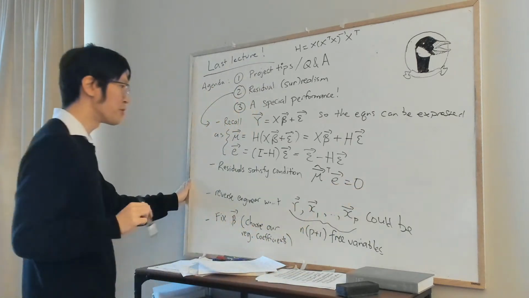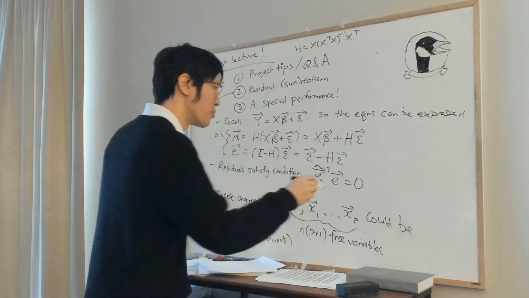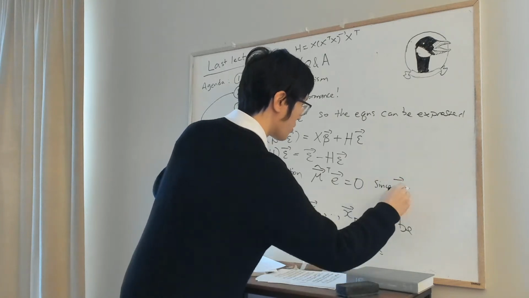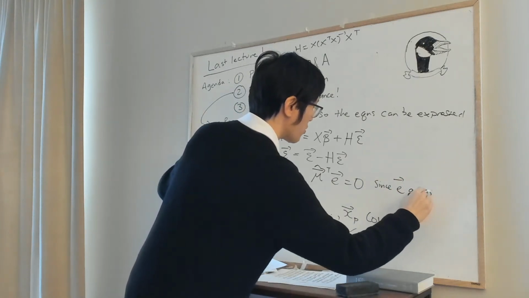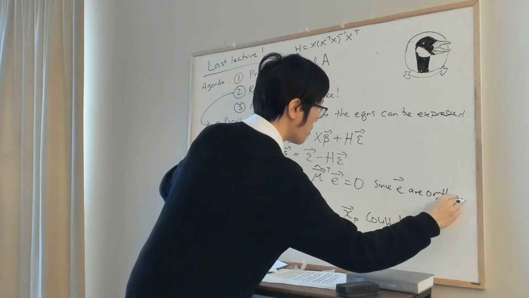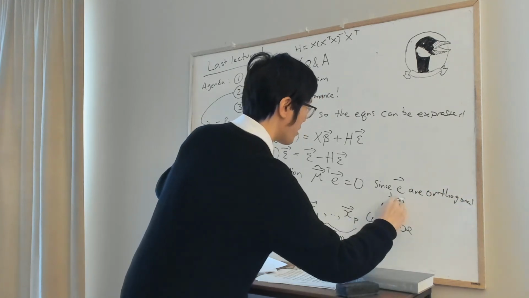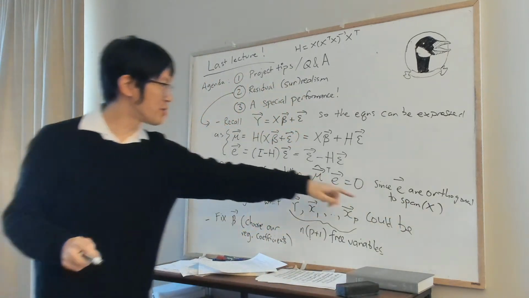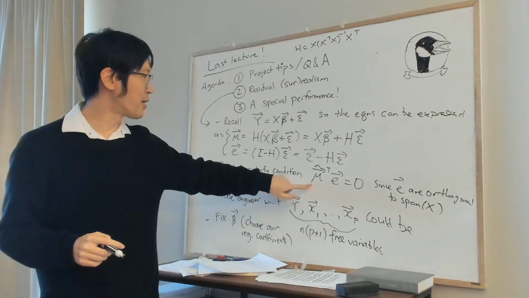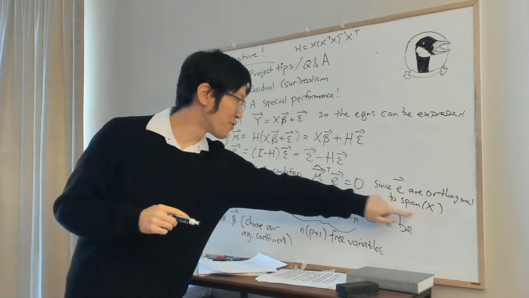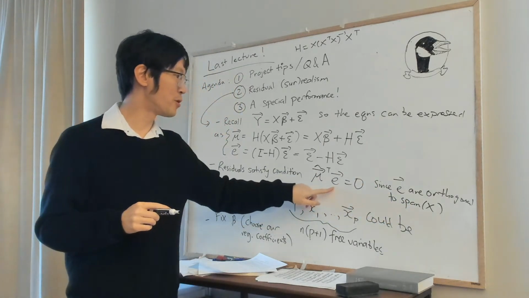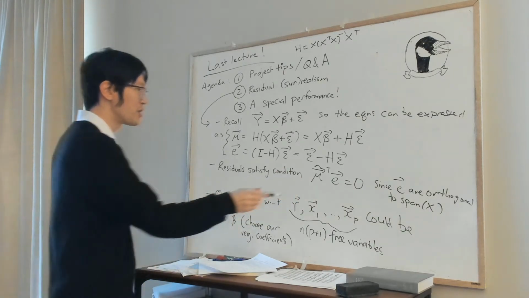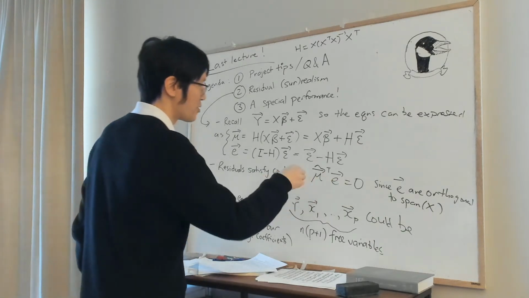We learned this because the residuals are orthogonal to the span of x. And because mu hat, the fitted value, lies in the span of x, the residuals are also orthogonal to the fitted values. So we need the residuals to satisfy this condition.